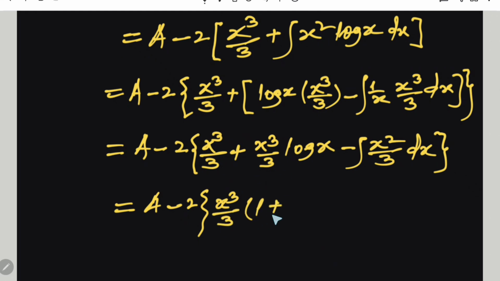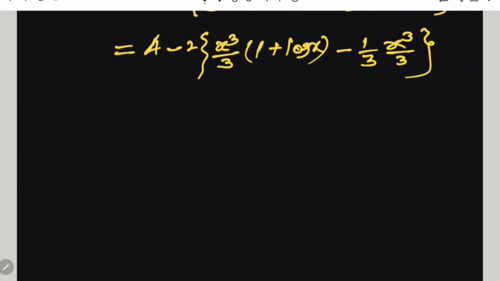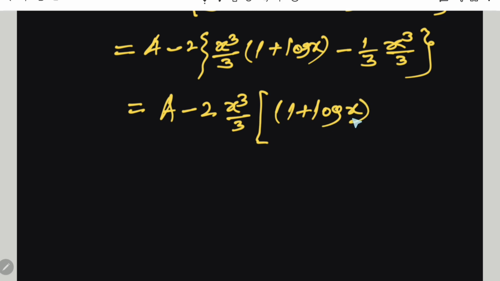The remaining terms are 1 plus log x minus 1 by 3, with the constant term outside and integration of x square being x cube by 3, bracket close. From these two terms we can take x cube by 3 common. Therefore, it is A minus 2 times x cube by 3 multiplied by the remaining terms, (1 plus log x) and minus 1 by 3.